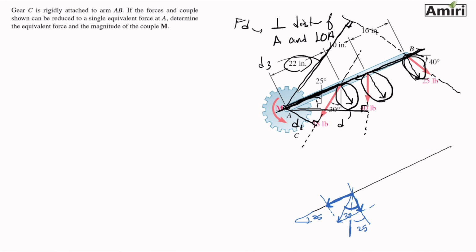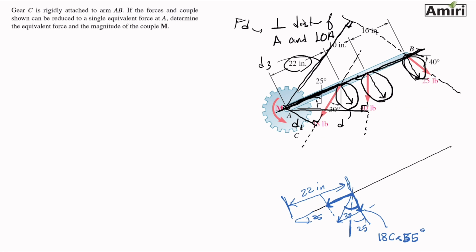So F1, let me write it here. This component is 18 cosine of 55 degrees. The distance between the line of action of this force and point A is given to be 22 inches.